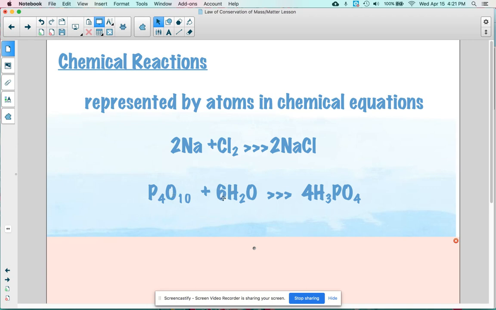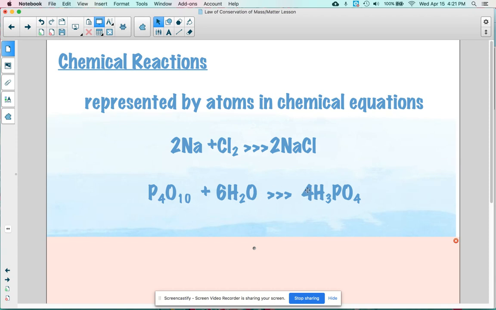The coefficient in the front, that's kind of like the distributive property. It tells you how many groups or how many molecules. So in this case, I have 6 molecules of H2O. How many total atoms of hydrogen would I have? 6 times 2 means 12 hydrogen atoms, and 6 times this invisible 1 would be 6 oxygen atoms.